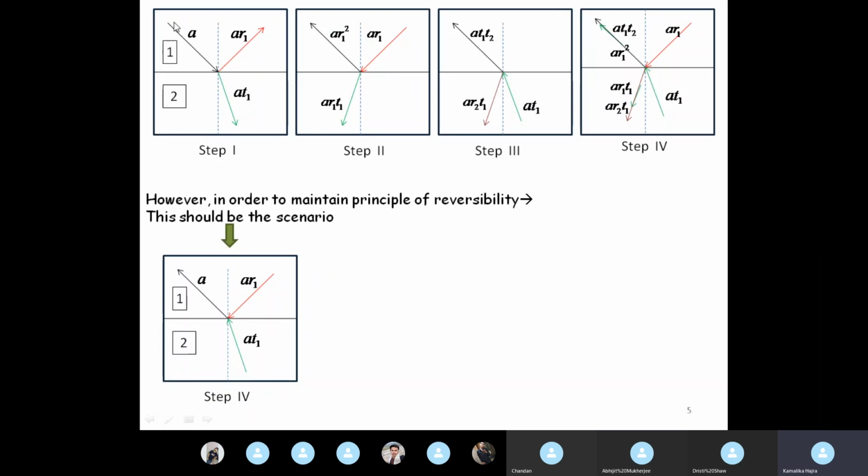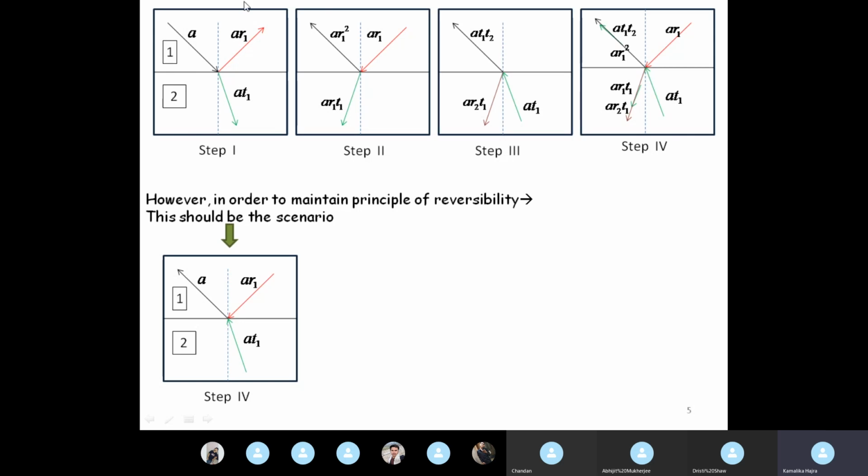See, if the source is here and these are the two rays, then if you simply keep the sources at this point and this point, the directions of the rays will simply be changed, and therefore the direction of this ray reverses, and this scene should change to this scene if you want to maintain the principle of reversibility.